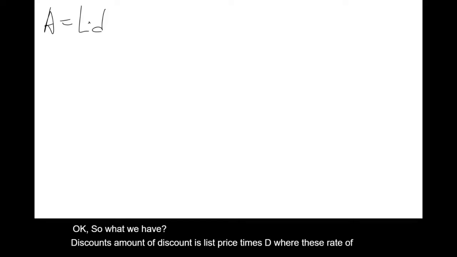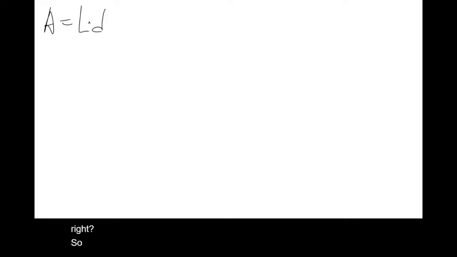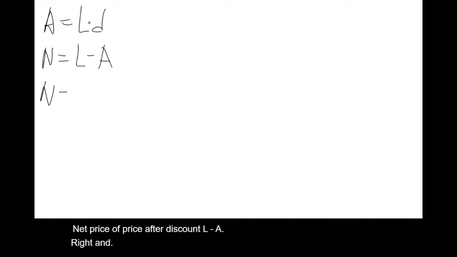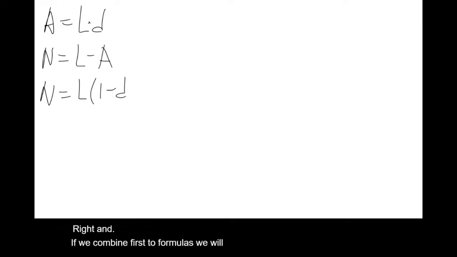Discounts. Amount of discount is list price times D, where D is rate of discount, right? So net price, or price after discount, is L minus A, right? And if we combine the first two formulas, we will have this.